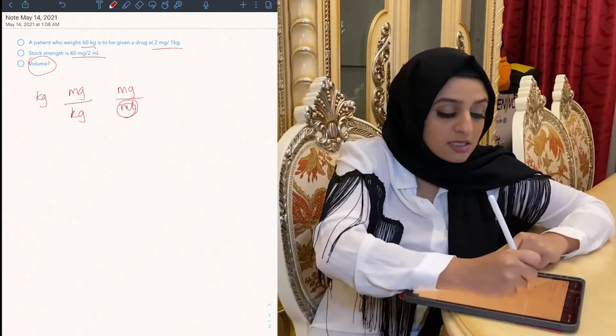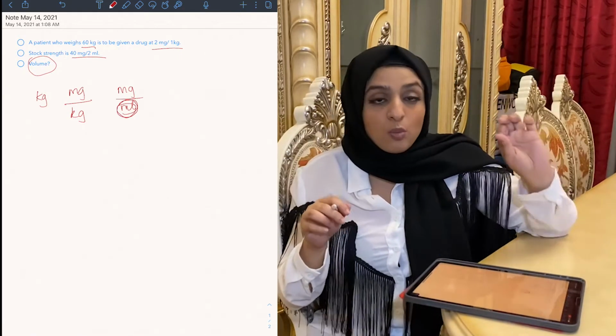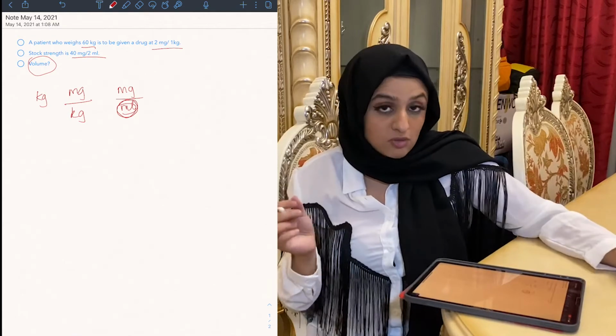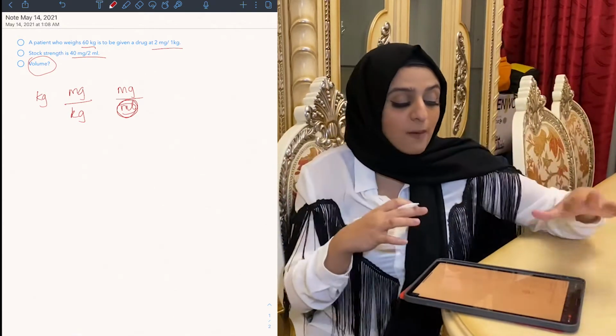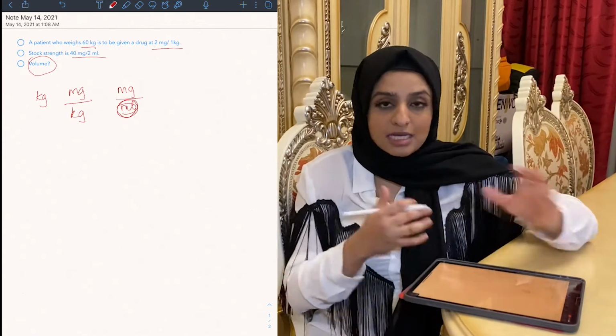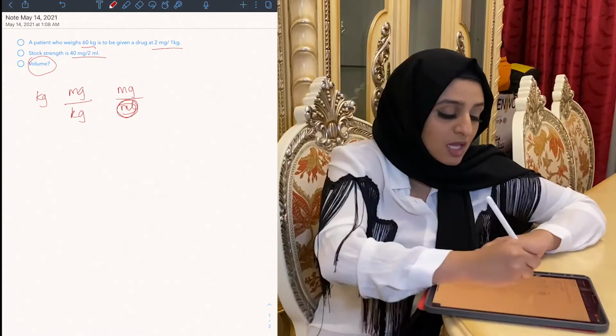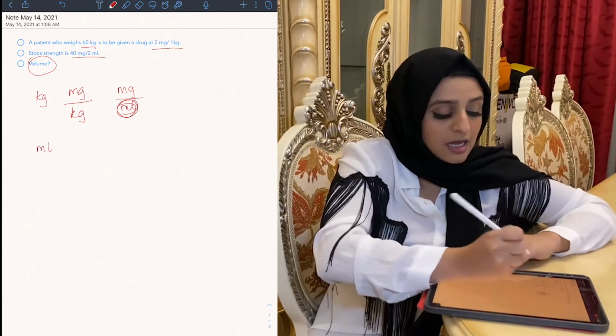In this particular example, you've got mils. So essentially, we want the answer in mils. The question hasn't stated if they want it in liters or milliliters, but because we've got milliliters as one of the units in the question, that's what we're going to use. So you somehow want to get milliliters out of this.